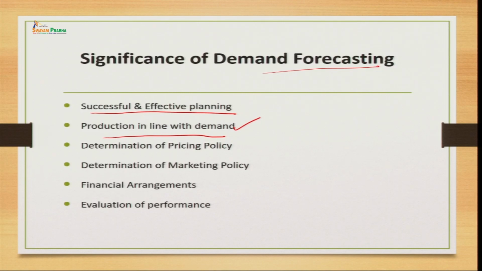Demand forecasting is also helping in the determination of pricing policy. See, price is made on the basis of demand, and we have already seen the relationship of price and demand, right. Price creates a lot of impact and demand also creates a lot of impact on the price of any commodity.